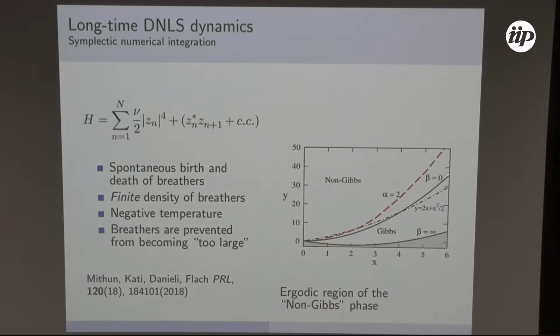Here I'm taking their picture. The infinite temperature line is this black solid one, and this red dashed curve identifies this small region where, according to time series analysis, you have ergodic behavior. So there is something really non-trivial.